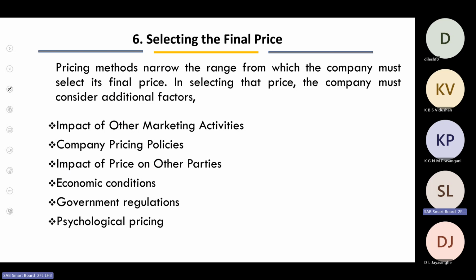From all we have discussed previously, we need to consider these things as well. And the impact of price on other parties, right? Whether it is directly impacting our customers or government or our competitors or intermediaries, everything has to be considered. Then economic conditions, right?